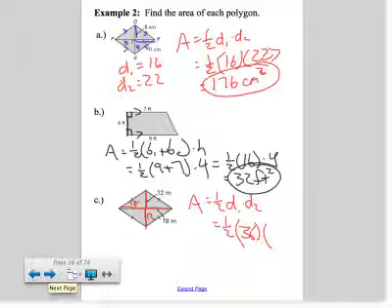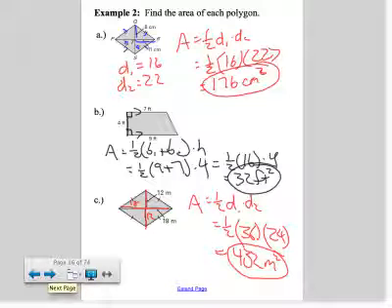D2 is 12 and 12, which is 24. And so I have half of 36 times 24. Half of 36 is 18. I'm going to grab a calculator real quick. So I have 18 times 24. That's 432 square meters.